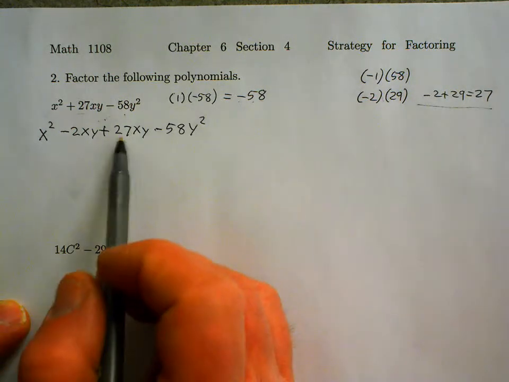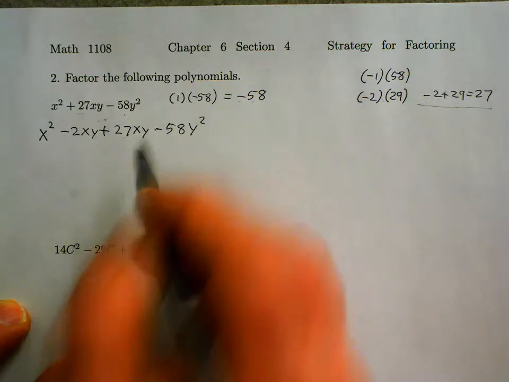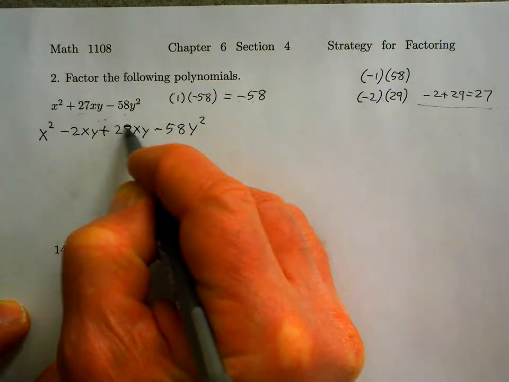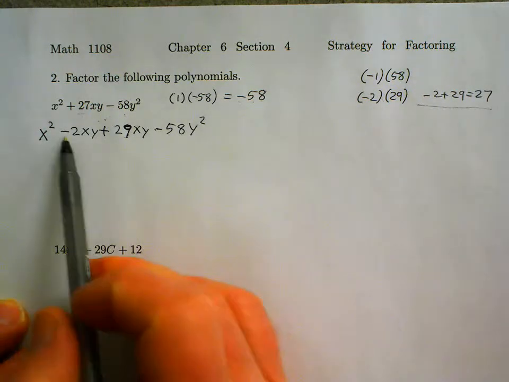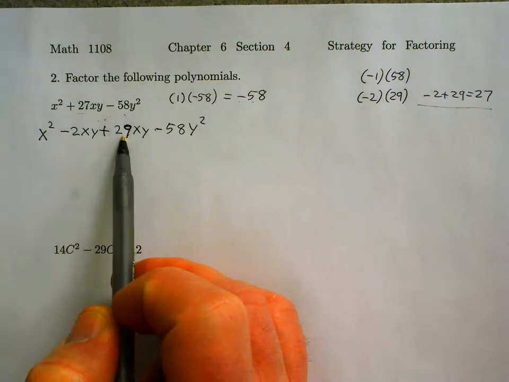Sorry, my middle term should be plus 29xy. -2 and 29 are the two integers.